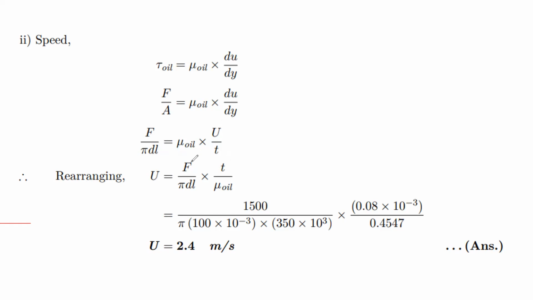Substitute all the values. For this case, force will be 1500, pi d l will be the same, pi into 100 into 10 to the power of minus 3, and length will be 350 into 10 to the power of minus 3.